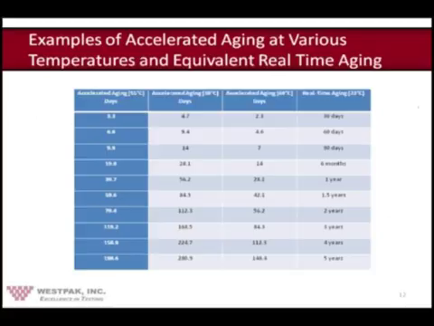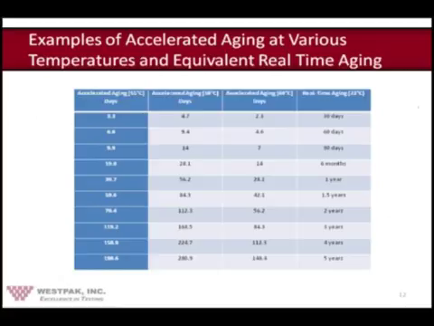Well, this says that if your product and package can handle it, age the whole thing at 55 degrees C for a little less than 40 days, 39.7 days, and that equals 1 year of accelerated aging. Okay, and if you can't handle 55 and only 50 degrees C is allowable, then it's going to cost you another 16 days roughly.